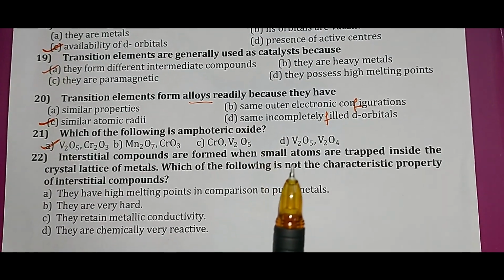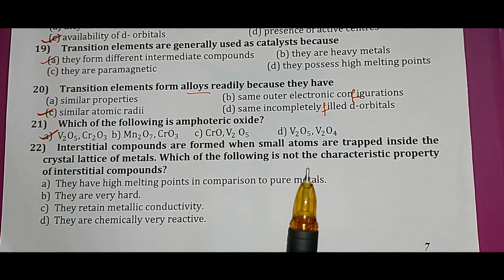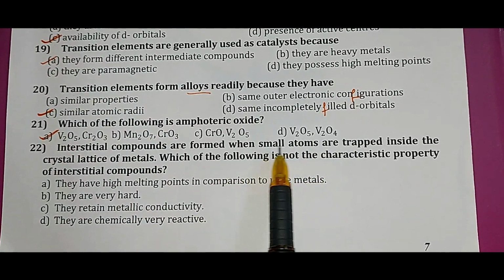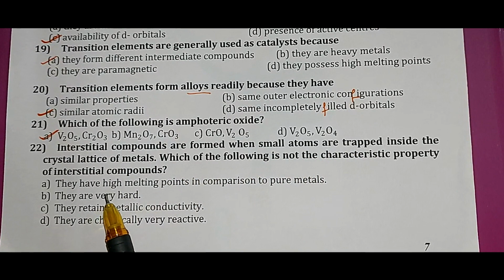Then next question number 22. Interstitial compounds are formed when small atoms are trapped inside the crystal lattice of metal. Which of the following is not the characteristic property of interstitial compounds? Option A, they have high melting point in comparison to pure metal. They are very hard. They retain metallic activity.